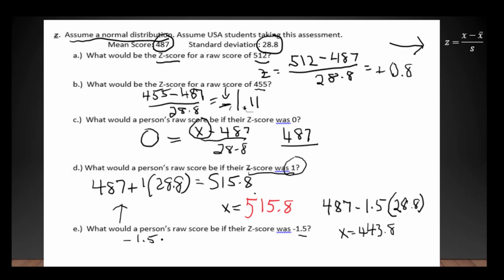Negative 1.5 equals x, that's what I don't know, the raw score, minus the mean, which is 487, divided by 28.8. Again, you would multiply both sides by 28.8 and then add 487 to both sides. And if you want to try to work it out, you will get that.